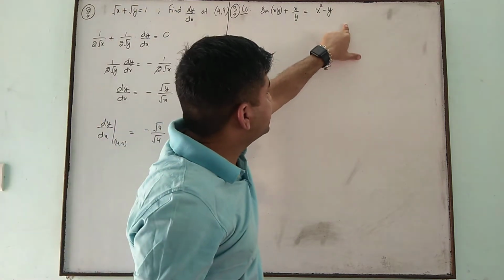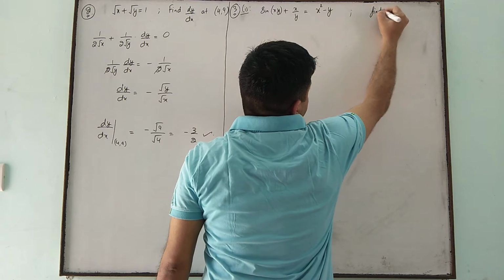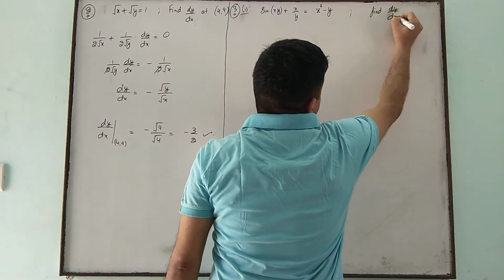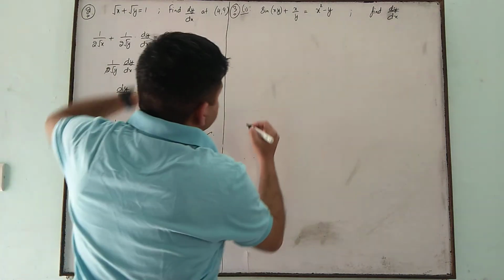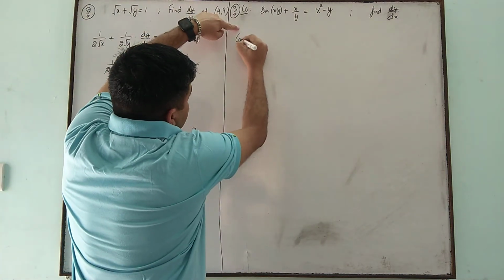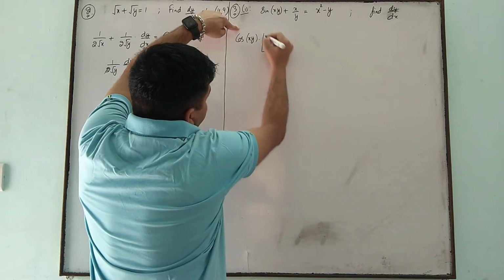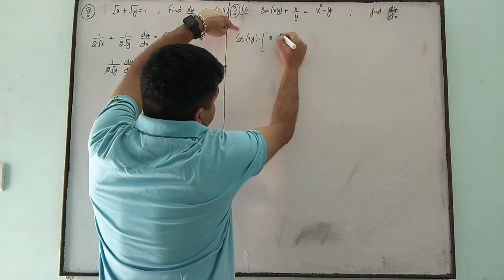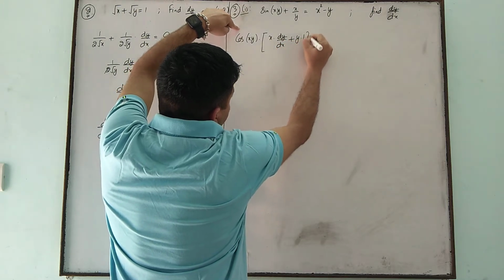Implicit function, again he said find dy by dx. Question is find dy by dx. So sine of xy derivative is cos xy into, for xy, x as it is derivative of y plus y as it is derivative of x.